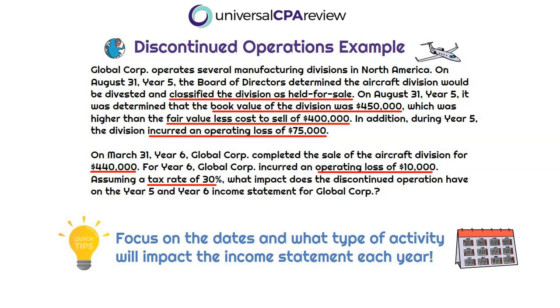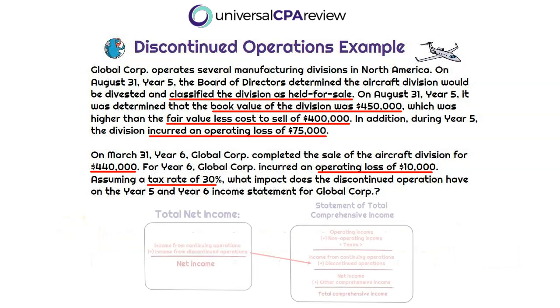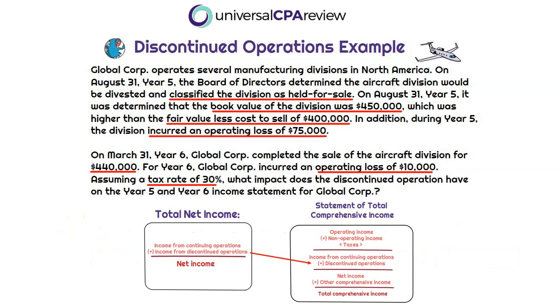The CPA exam for FAR may or may not test to this level, but now you have a solid understanding of each of these pieces. The most important thing is to understand how it fits into the income statement. And remember, going back to that first visual we saw, it's after income from continuing operations, right? Then we add in any net gain or loss, right?